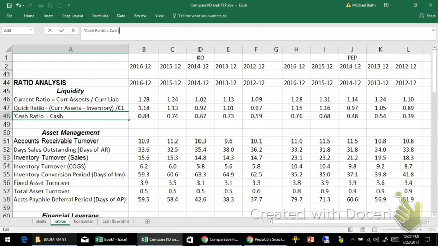The cash ratio is cash divided by current liabilities, and cash is what you actually pay for everything with. And so we can see here that, remember, the current liabilities were dropping slightly, but they have a large amount of cash. And Pepsi, their cash increased materially over this period.